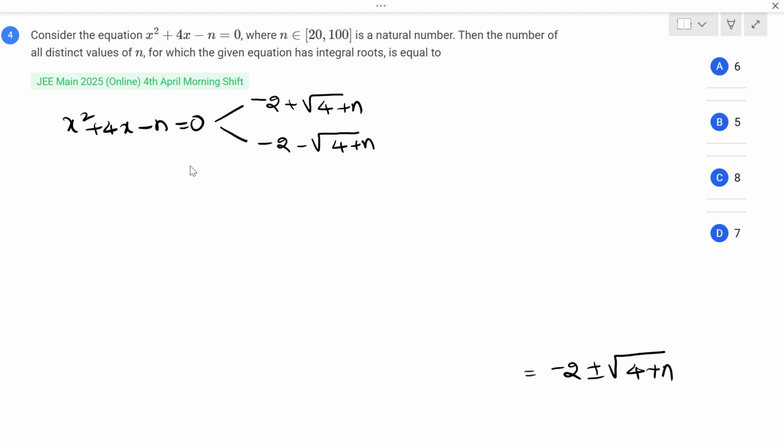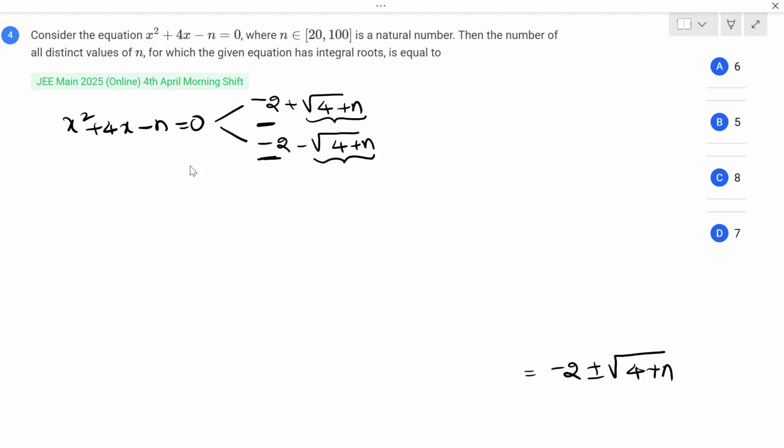I can clearly see that to have minus 2 plus square root of 4 plus n as an integer root: minus 2 is an integer, so if square root of 4 plus n is also an integer, then integer plus integer is an integer. My target is done.